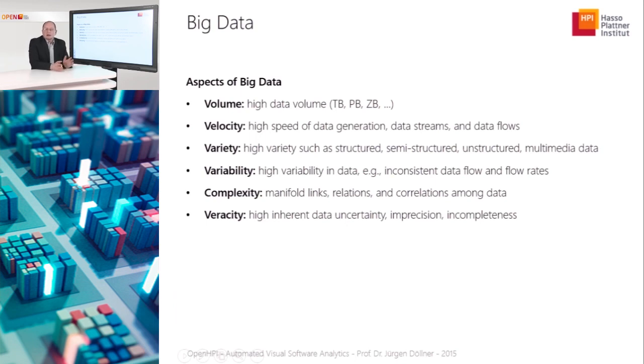Finally, another aspect is veracity. That means in big data we typically have a certain degree of uncertainty, imprecision, and incompleteness. These are more or less the defining criteria for big data.